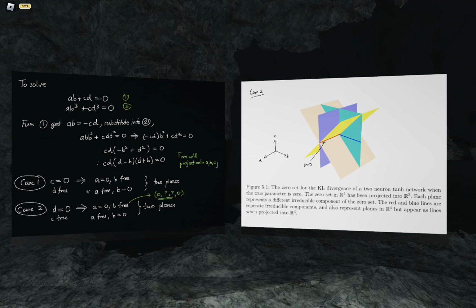Everything else is kind of axis aligned because one of the things is 0. So in this picture, those diagonal planes maybe correspond to movement along the b equals d or b equals negative d line. But you can't have that movement if one of those is fixed. And when I plan to draw these plots, I plan to show the input weights and project out the output weights, because I think that's the more interesting. Output weights are less interesting for this picture.